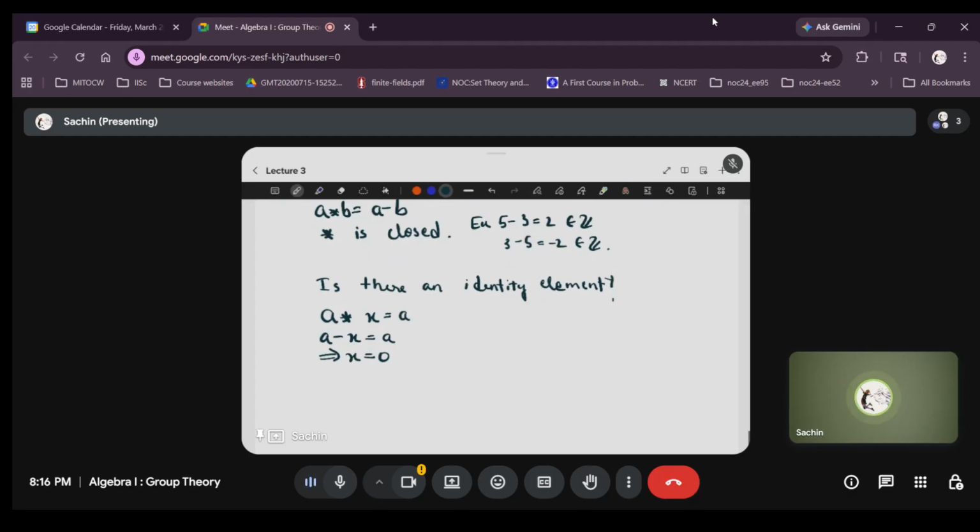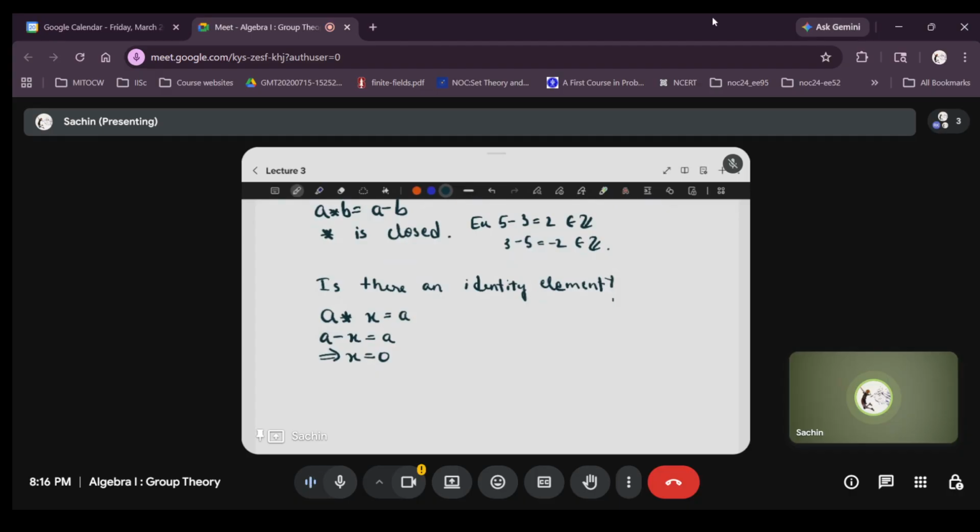But this would only be true if you have to. That's why the definition is precise. So in the definition, we say that A star x is equal to A, but that is not the only condition for it being an identity element, right?